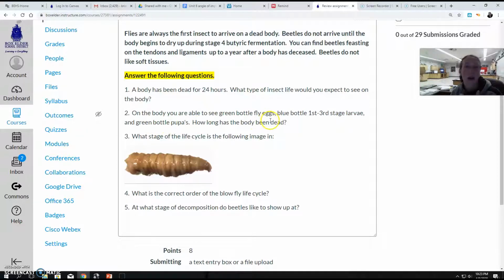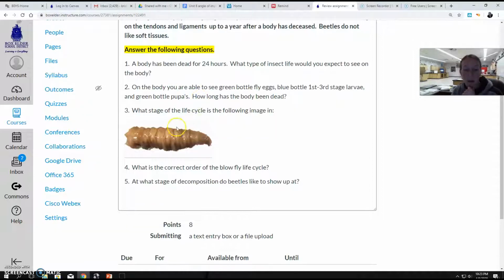So how long has the body been dead? We got to figure out the stage of life cycle for the furthest one along, which is the pupa. And we know if you have the pupa stage, you're approximately at 2 weeks. So this body's been dead for at least 2 weeks. Okay, number 3, it's a larvae stage. It's hard to gauge if it's first, second, or third, but it definitely looks like it's larger than a first stage. So I'd probably say second or third stage larvae.